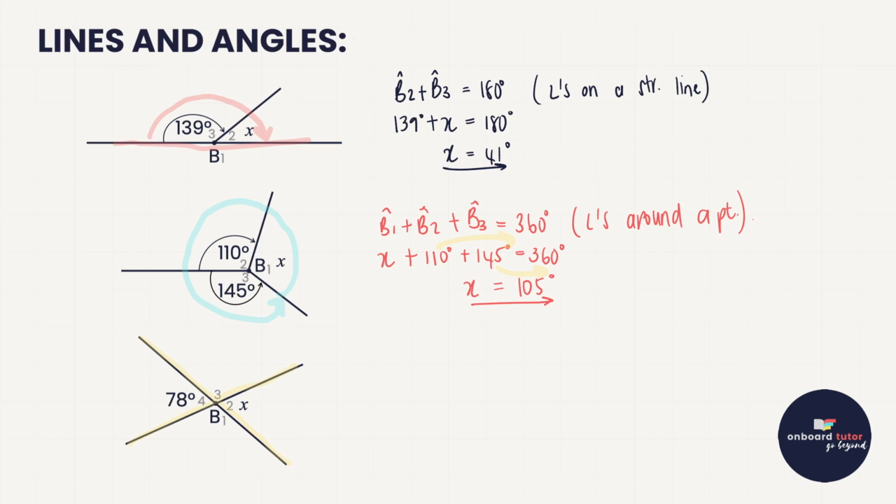Angles like this, which I hope you can remember from grade 8 and 9, are called vertically opposite angles. They are across from each other in this X shape. So angle B2 is equal to angle B4 because they are vertically opposite angles, and that means x is equal to 78 degrees.